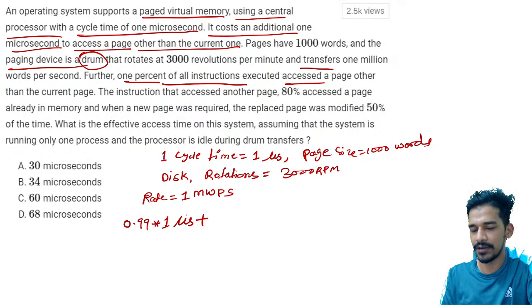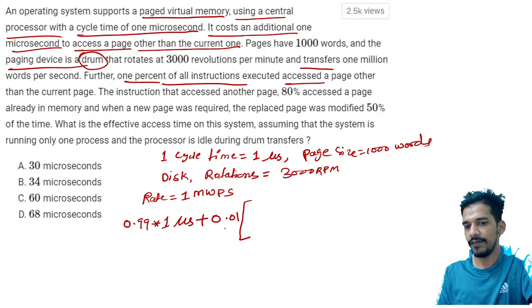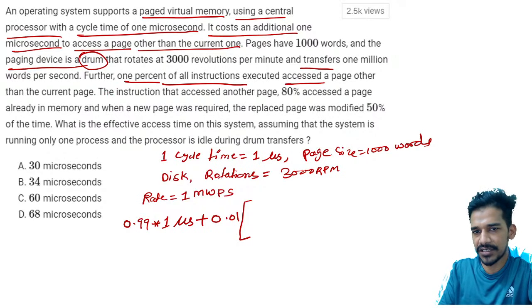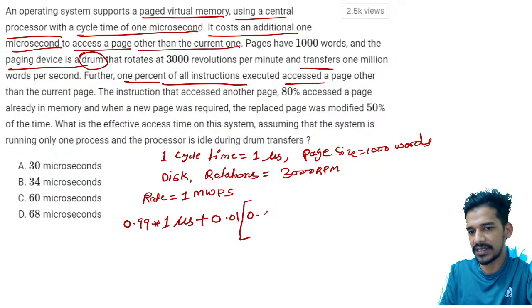Now see the second possibility, which is very big. The second possibility says that 1% means 0.01. 1% of instructions access another page than the current page. Of the instructions that access another page, 80% access a page already in the memory. If the page is already in the memory, then it will take only 2 cycles. Why?